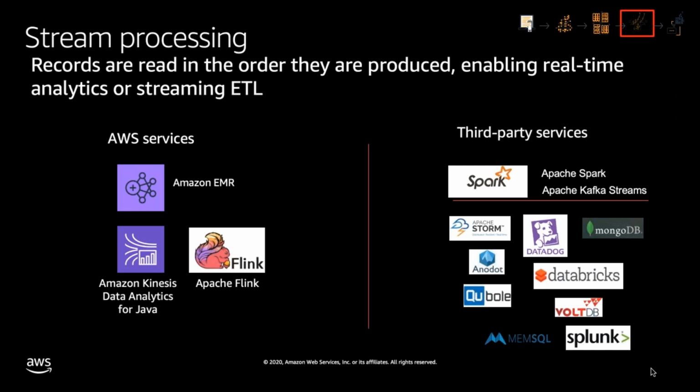Components such as Apache Kafka Streams and Apache Spark, with various third-party vendors backing them. So the picture when it comes to stream processing is very nuanced. There are lots of options out there.